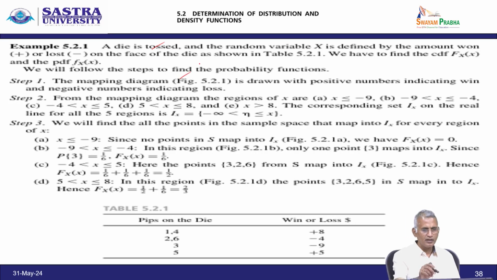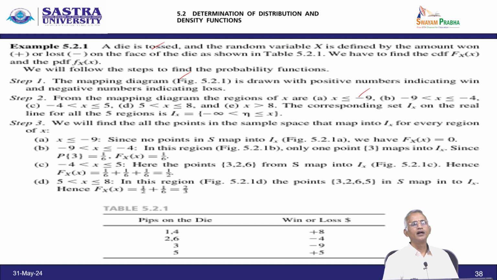Step 1, the mapping diagram of 5.2.1 is drawn with the positive numbers indicating win and negative numbers indicating loss. Step 2, from the mapping diagram, the regions of x are: x less than or equal to minus 9, x lies between minus 9 to minus 4, x lies between minus 4 to 5, x lies between 5 to 8, and x greater than 8.